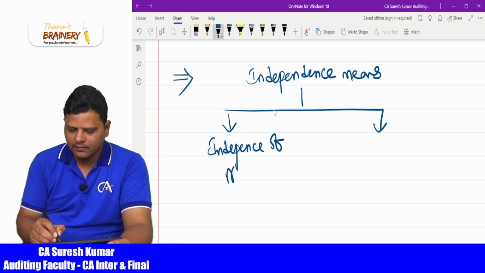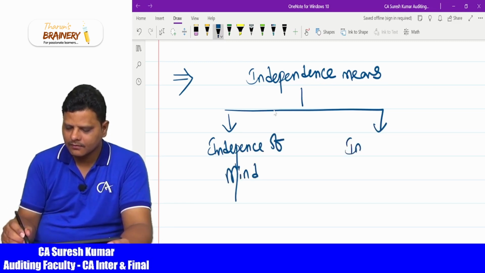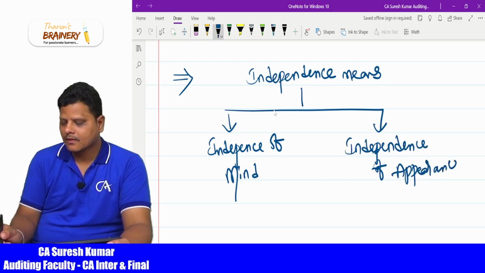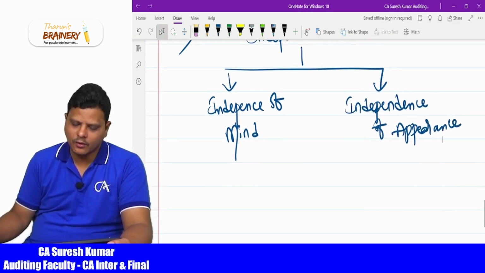Independence of mind, then independence of appearance. This is one bullet point.